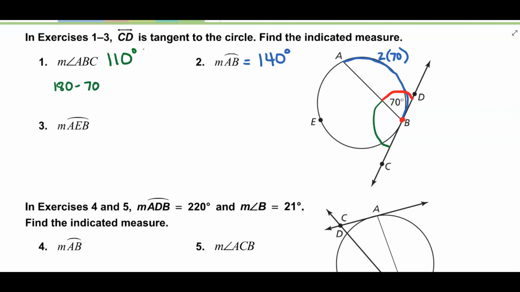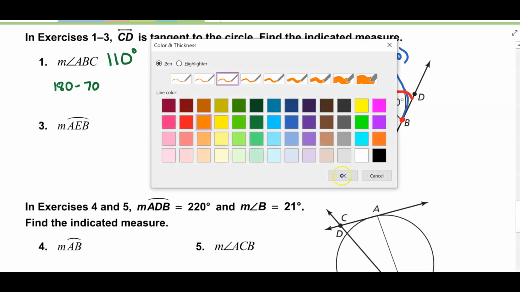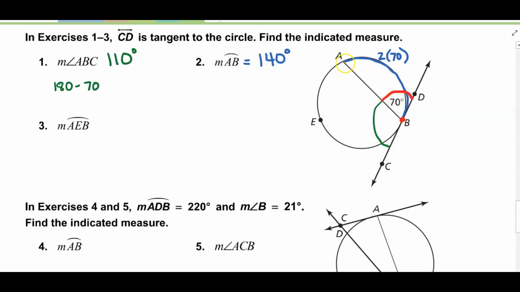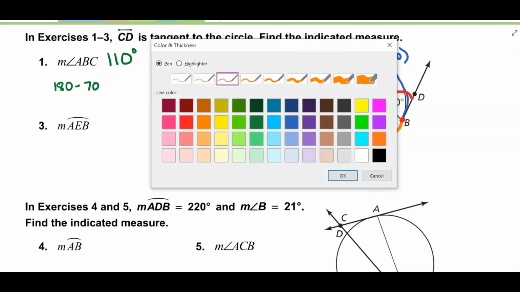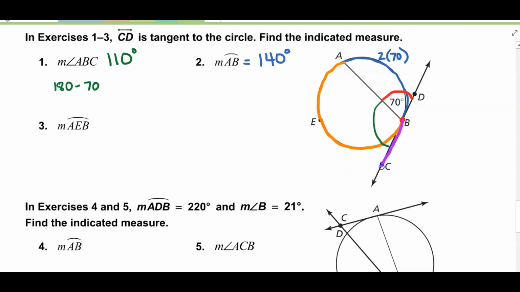Next, they want the measure of arc AEB. So they want this entire arc here. Let me get a different color pen. So AEB. And if I pay close attention, I realize that that entire arc fits inside of this angle, right?